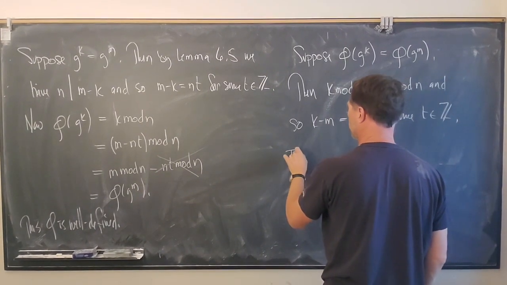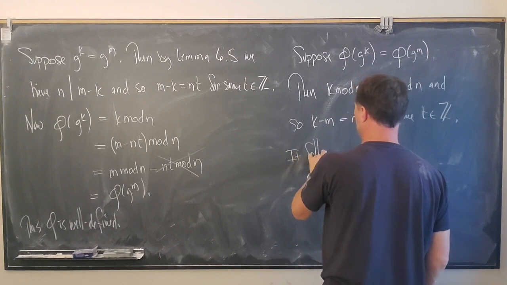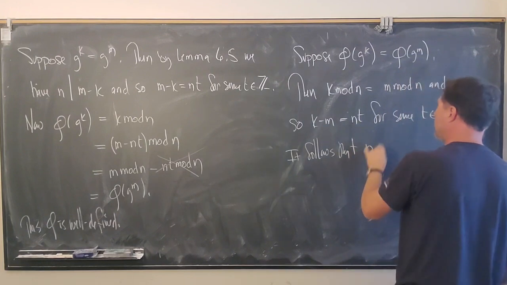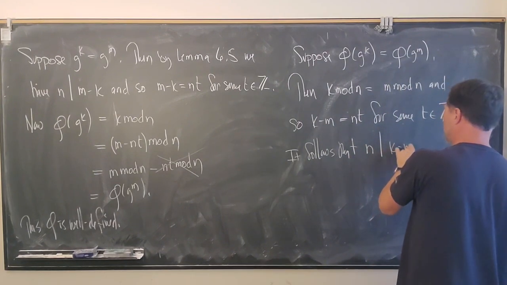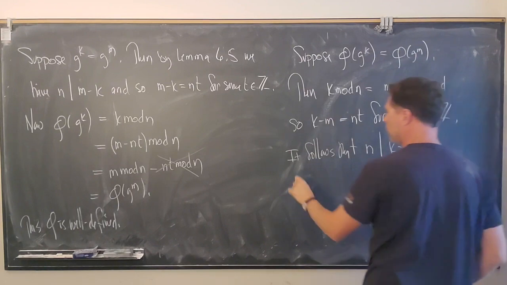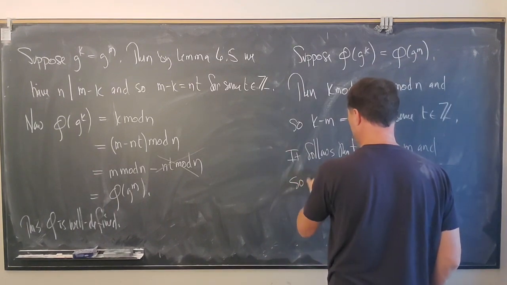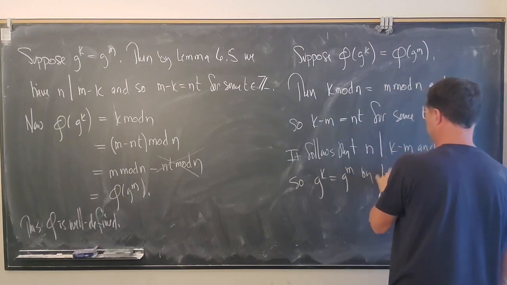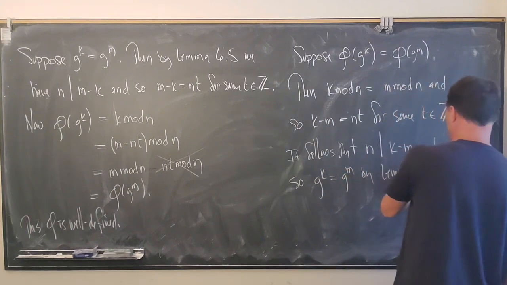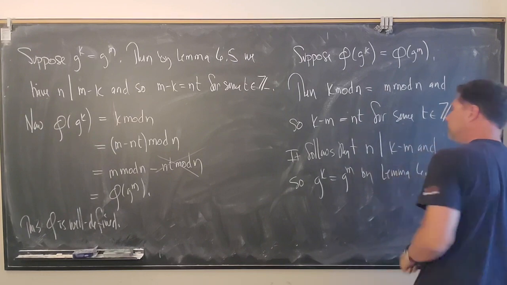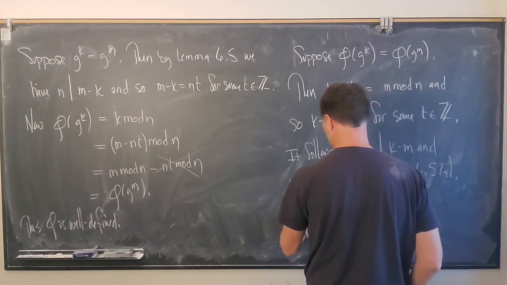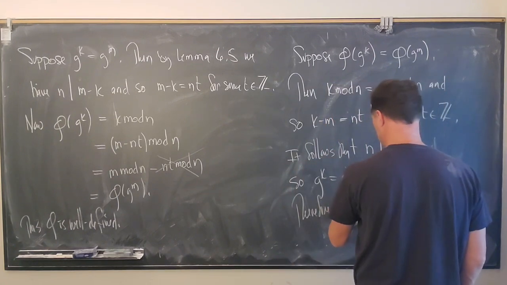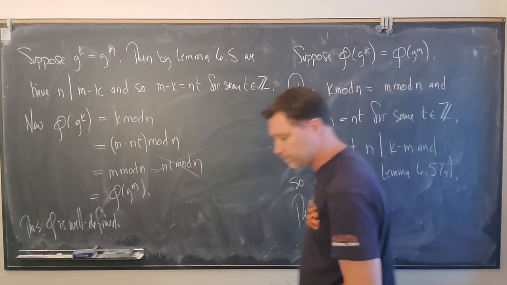So it follows that n divides k minus m, and so g to the k is equal to g to the m by lemma 6.5 part A. Therefore, phi is 1-to-1.